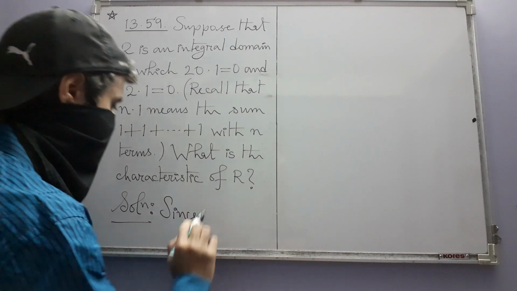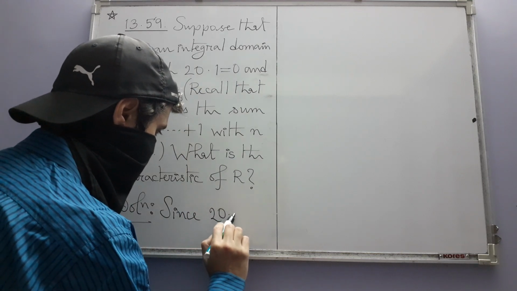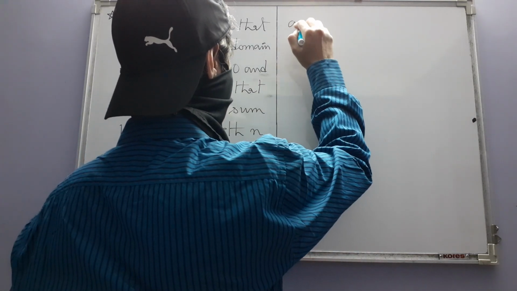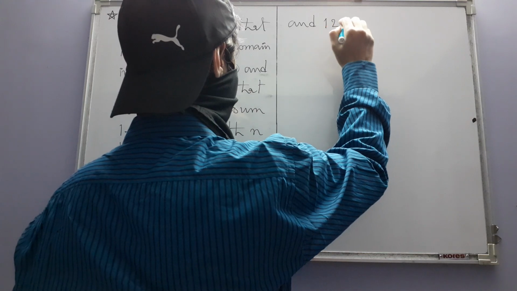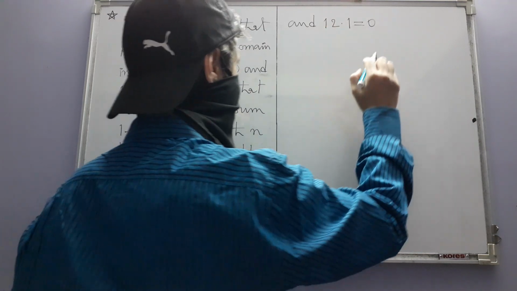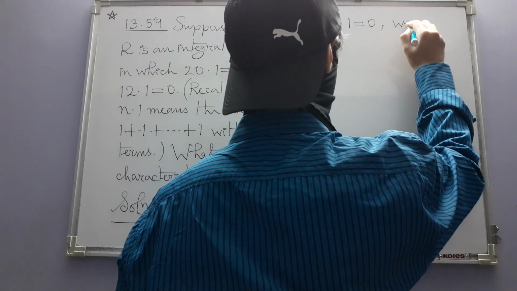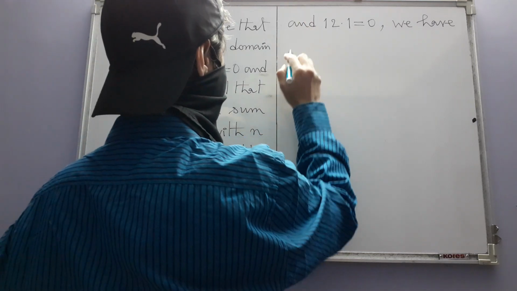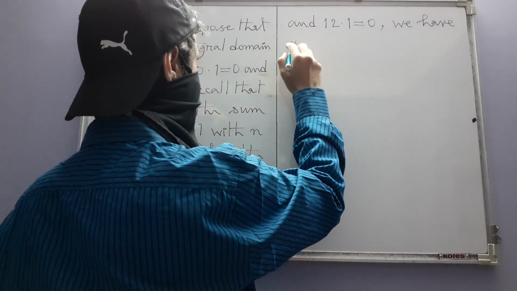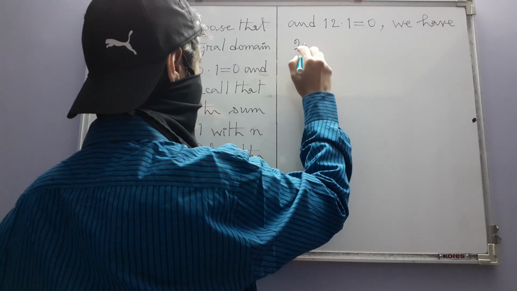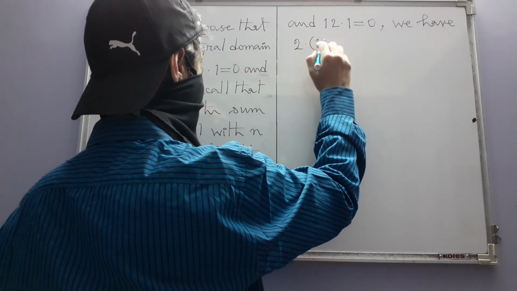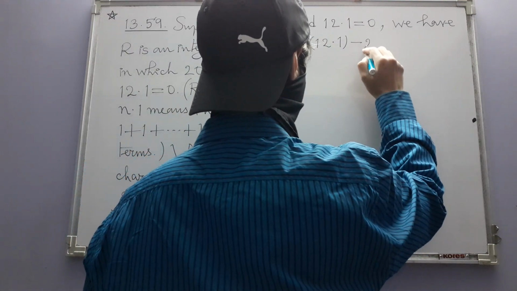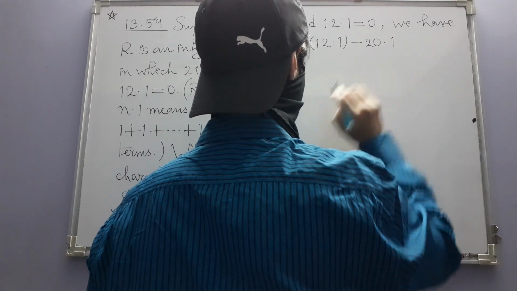Since 20.1 is 0 and 12.1 is also 0, we have this: 2.12.1 minus 20.1.